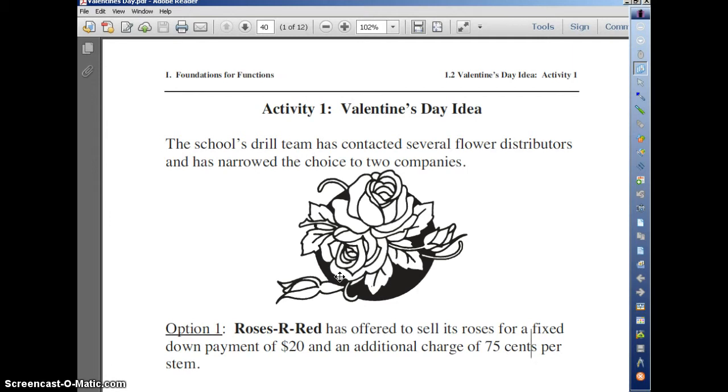This is called Valentine's Day Ideas, and this is activity 1, so it's the first part. The school's drill team has contacted several flower distributors and has narrowed the choice to 2 companies.